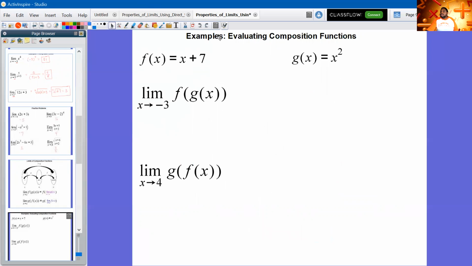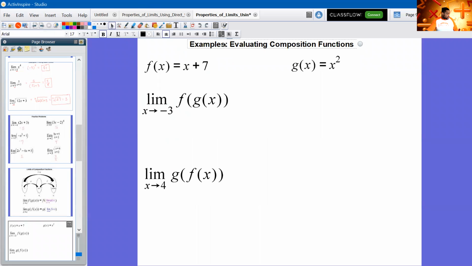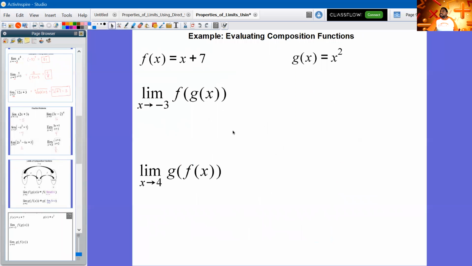So here's an example dealing with composition. Okay, so first I'm going to find the limit of f of g of x as x approaches -3. First thing I do, take the limit of the inner function.